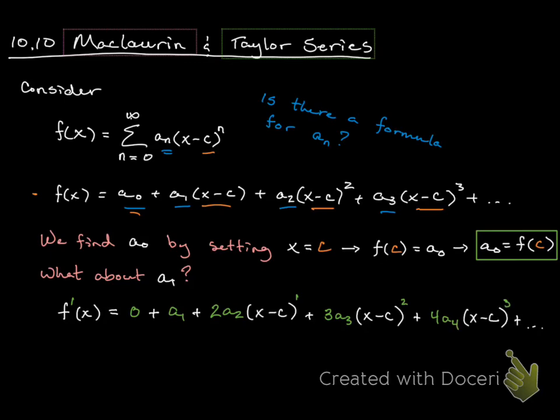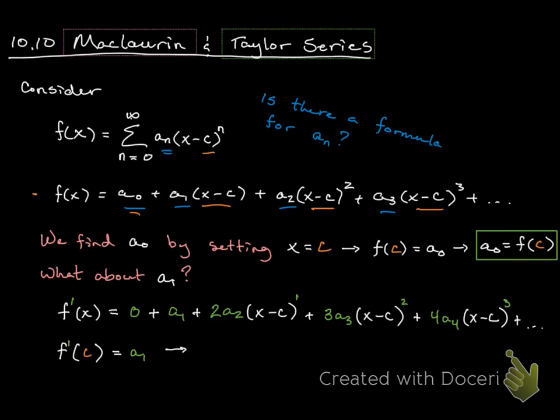Now if I plug in x equals c, I will get rid of everything except for a1, because there's an x minus c with every other term in the derivative.